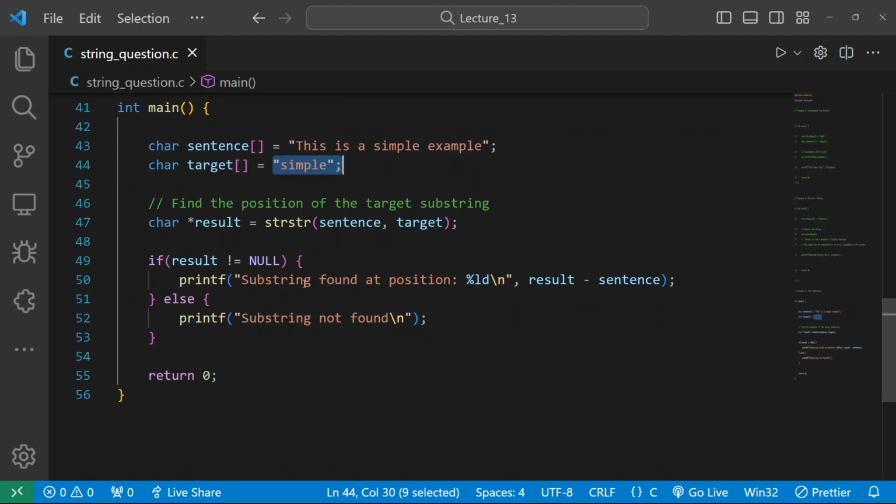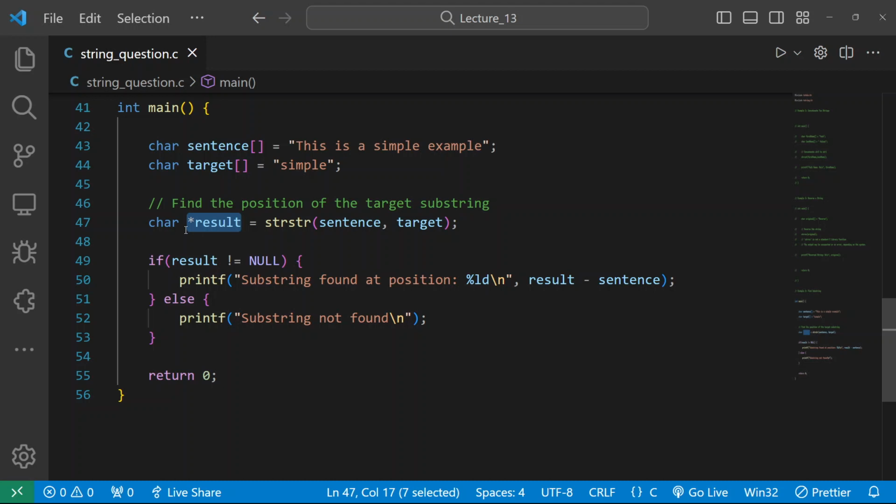Okay, now let me move further. Many of you got confused about why I've written a star result. This is a topic which we'll be learning next, that is pointers. I want to give just an intro about the pointer, that's why I've taken this question. So I have written here char star result.